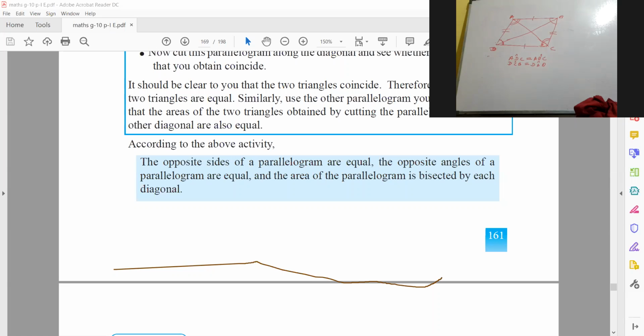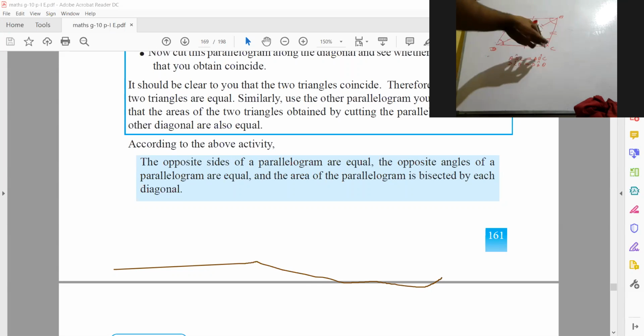If we mark this point where the two diagonals meet as O, the diagonals bisect each other, right? That means the line DB is bisected by the point O. That means this side is equal to this side, that means OD is equal to OB, right?